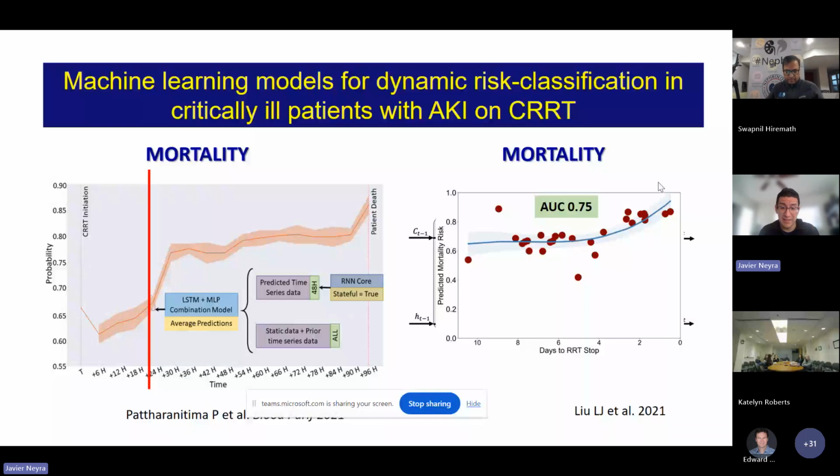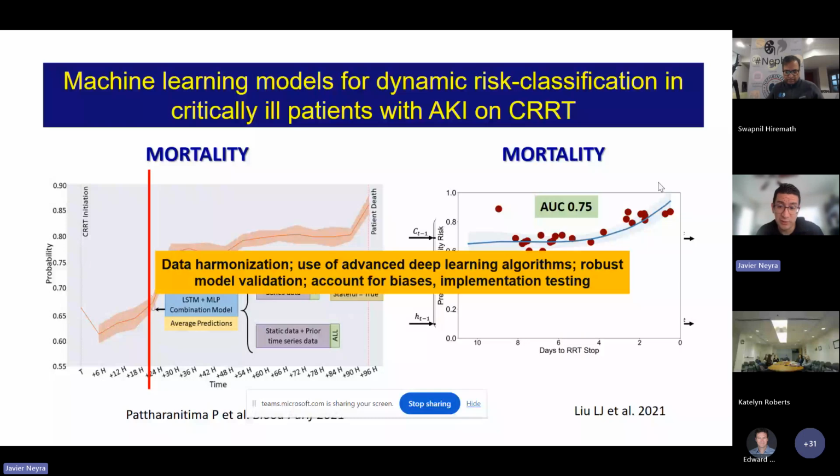Now, be careful here. Again, the AUC of these models fluctuates between 0.75 to 0.8, which is good but not great. This is the challenge: to really create good quality models, you need to use harmonized data sets. And these are not widely available.